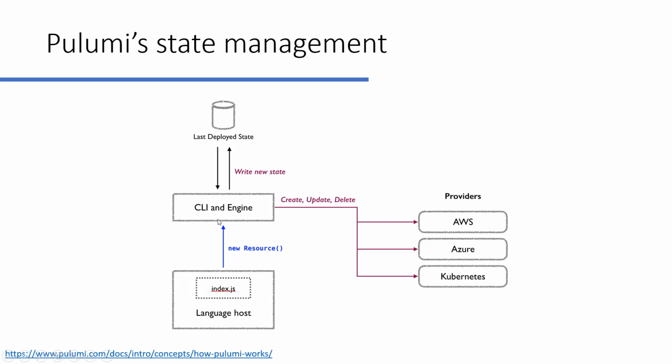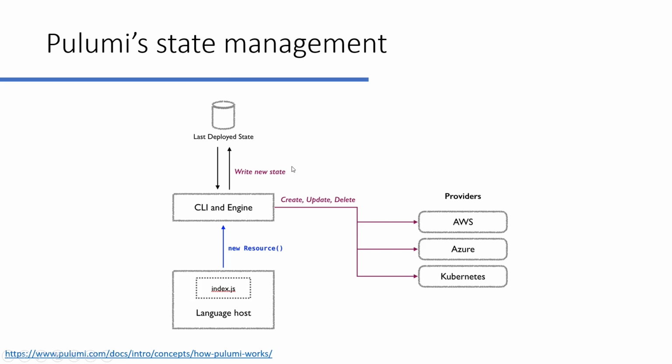It compares those and determines what needs to be created, updated, or deleted. Once it has done that, it will issue commands to the cloud providers. In our case, it's Azure, and it will write the state to the backend state. So in our case, it's the Pulumi service.